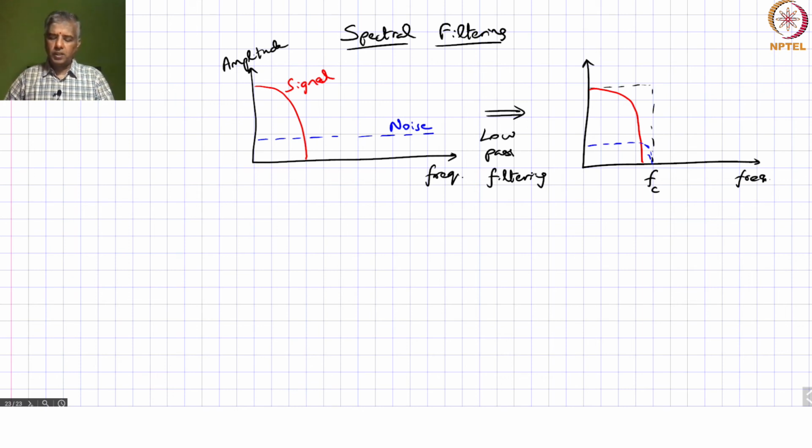Okay, so let's look at an example of one such filter. I'll take the example of a filter that we use widely in our laboratory, which is called the Savitzky-Golay filter.